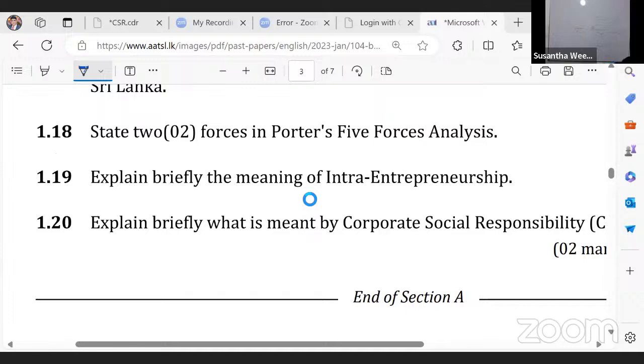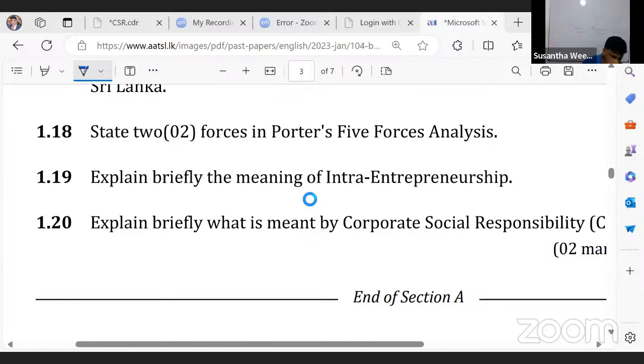Explain briefly the meaning of intra-entrepreneurship. Intra-entrepreneurship, that is the employees in the business, right?